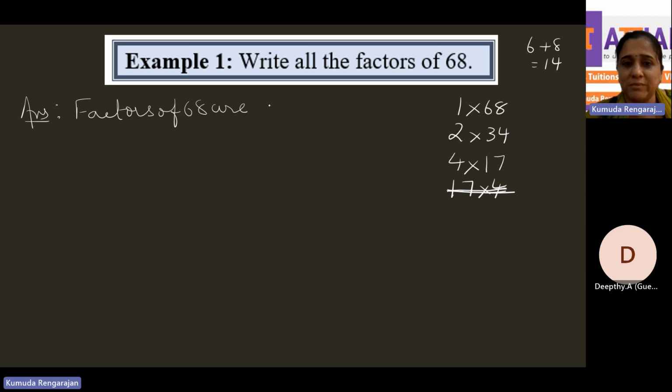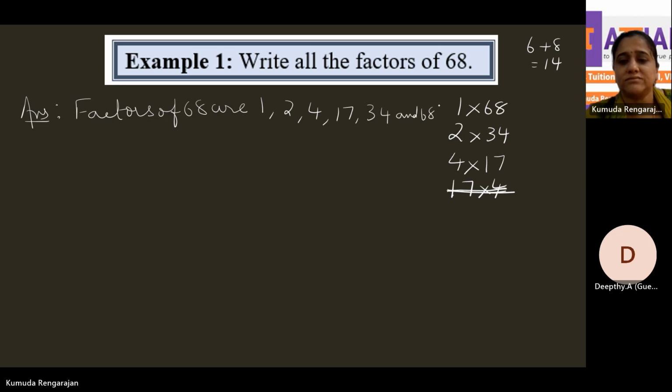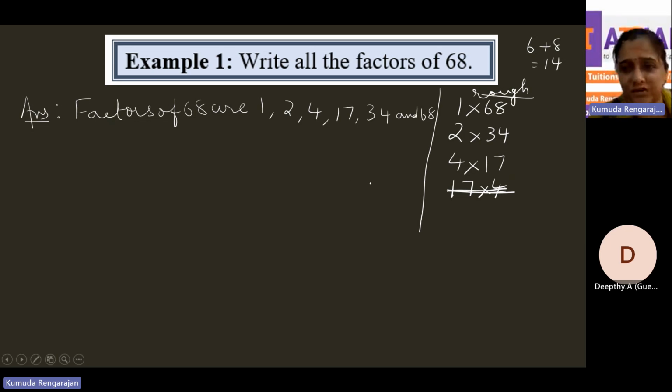It won't be jumbled. These are the factors of 68: 1, 2, 4, 17, 34 and 68.